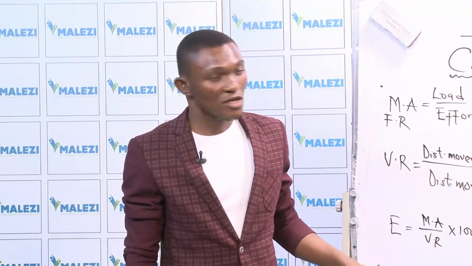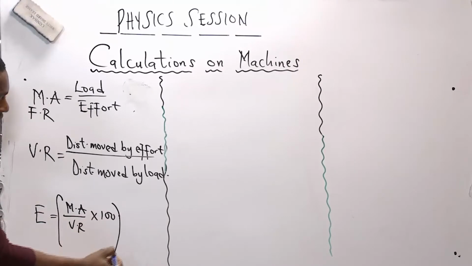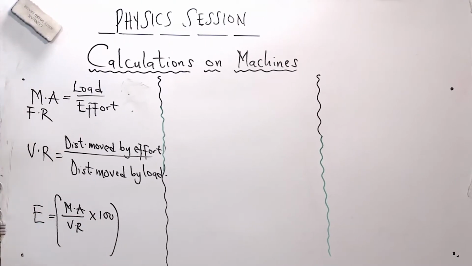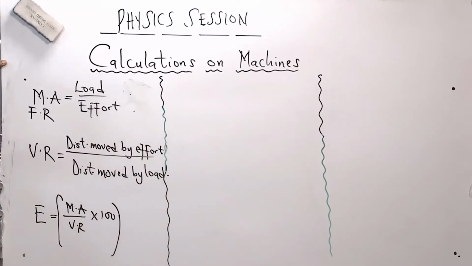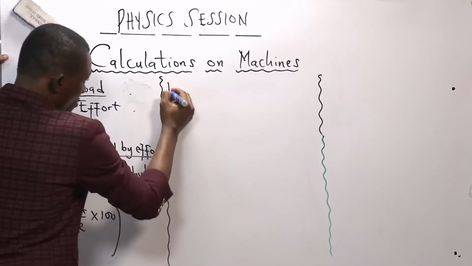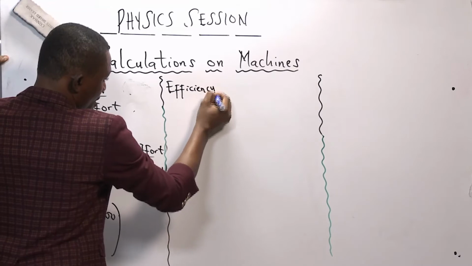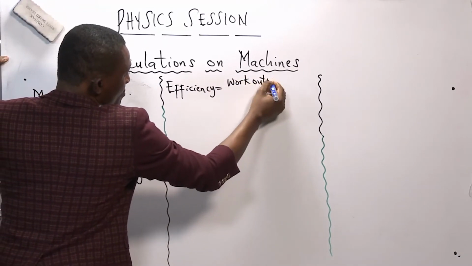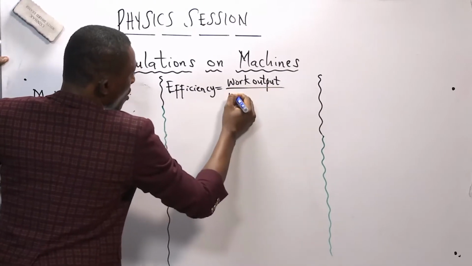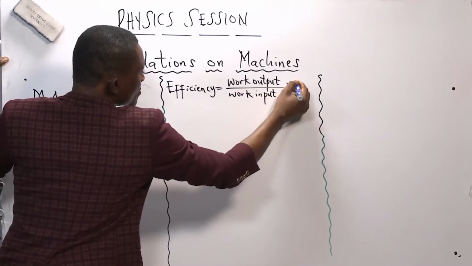I've seen lots of questions whereby students are told to prove this, that is, how do we arrive at this. So let's quickly do that here. When you are asked questions like that, you can easily prove it. We start from efficiency, which is defined as work output over work input times 100.